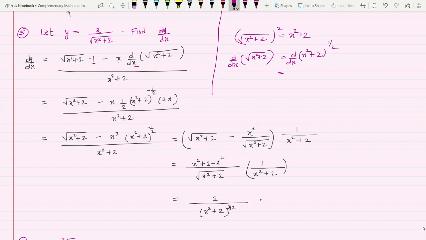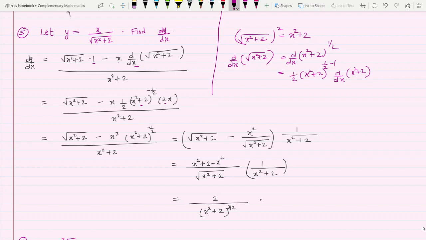If you find the derivative, we have 1/2 (x^2 + 2)^(1/2 - 1) into d/dx of x^2 + 2. So here it will be minus x into half (x^2 + 2)^(-1/2). The derivative of x^2 + 2 is 2x, whole divided by x^2 + 2.